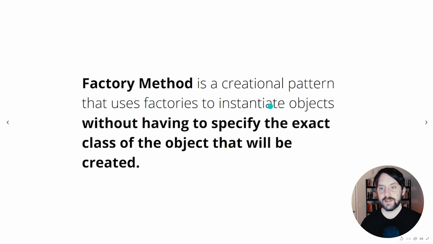So these factories are going to instantiate objects without having to specify the exact class of the object that will be created. So why might this be important? Well, hopefully this becomes more clear over time. It might not be evident immediately why it's useful to be able to create something without knowing exactly what that object is going to be, without specifying the exact type, but we'll look at that shortly.